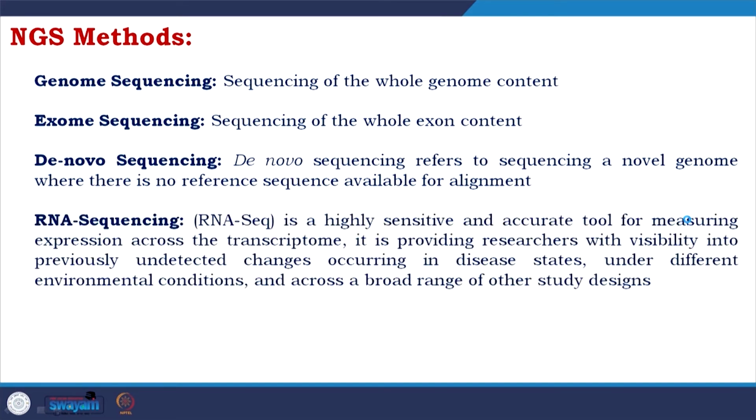RNA sequencing is a highly sensitive and accurate tool for measuring expression across the transcriptome. It is providing researchers with visibility into previously undetected changes occurring in disease states under different environmental conditions and across a broad range of other study designs.